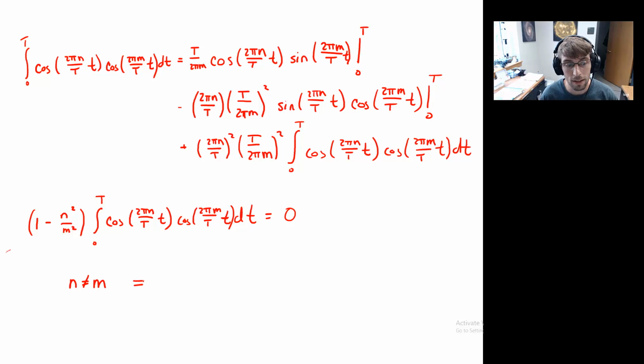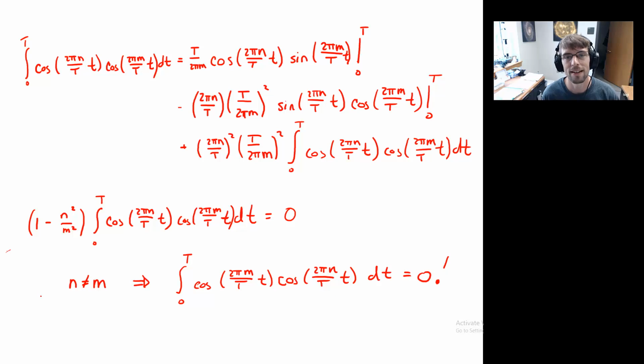That implies that the integral from 0 to T of cosine of 2 pi m t over T times cosine of 2 pi n t over T must be equal to 0. Oh, that's so cool. That's a really cool mathematical thing.